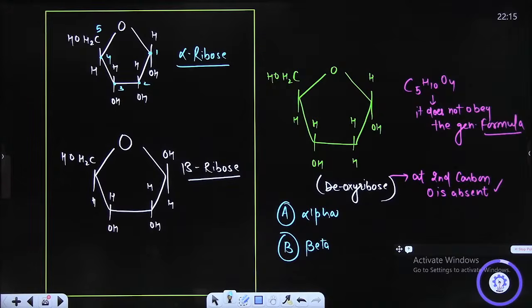Quick. Is it alpha or is it beta? Speed up.